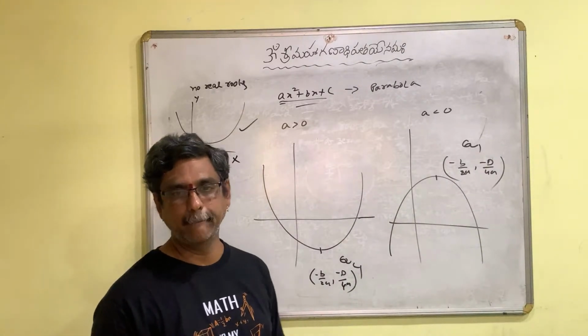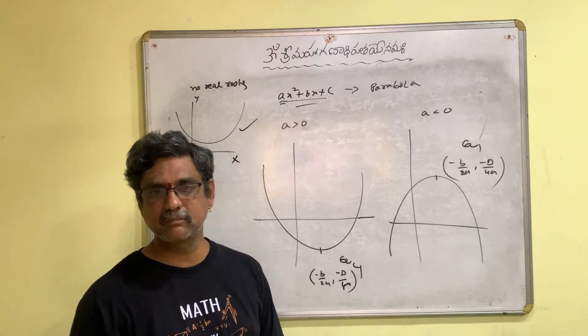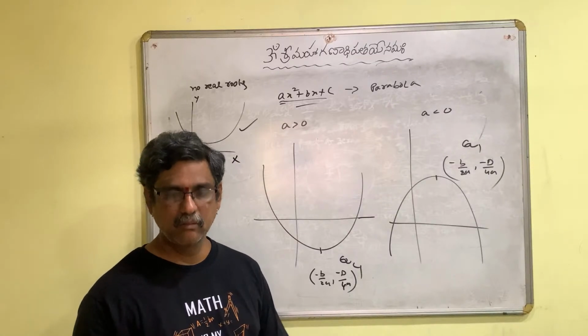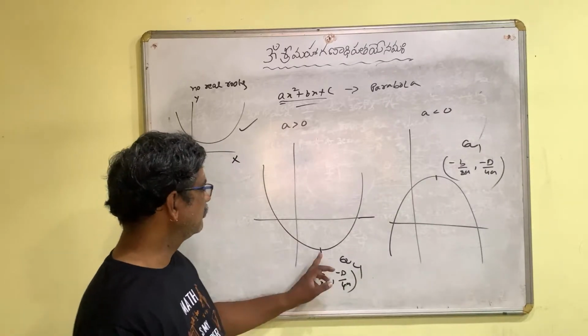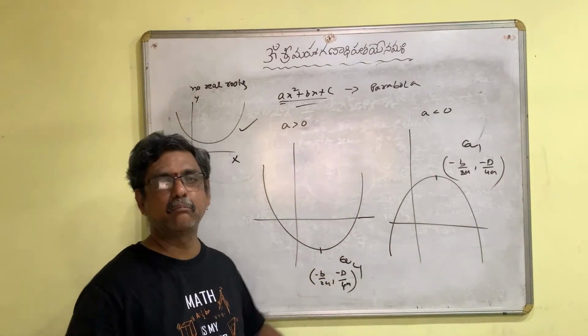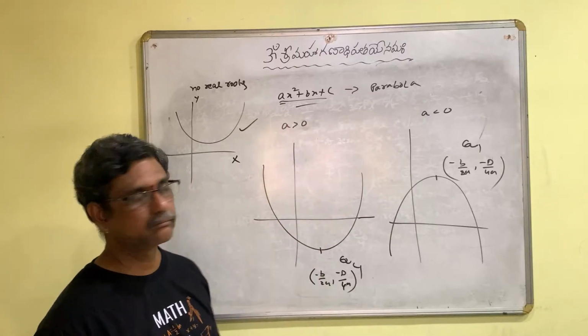Vertex means from this point, the parabola extends in both ways upwards, if a is greater than 0.